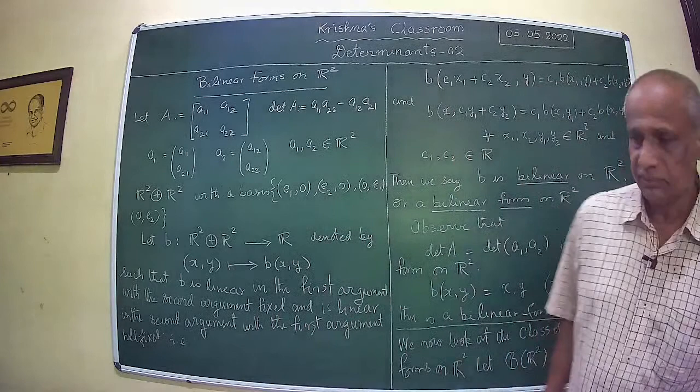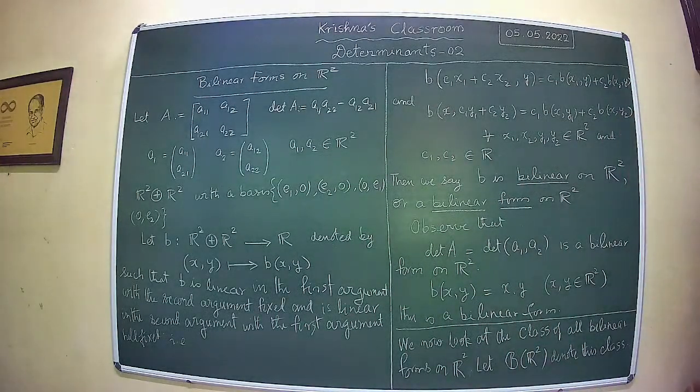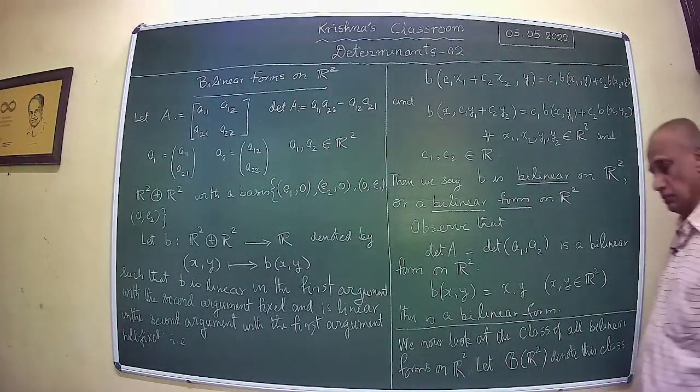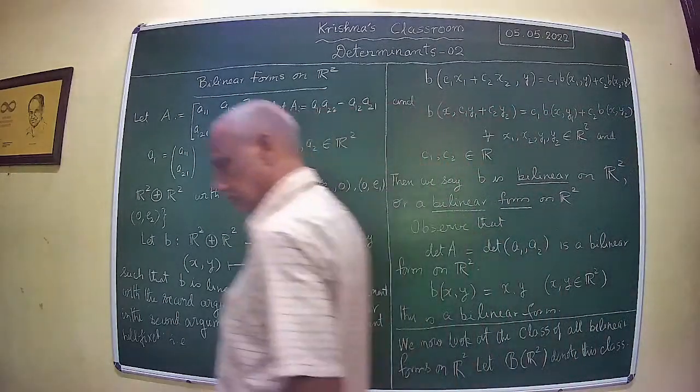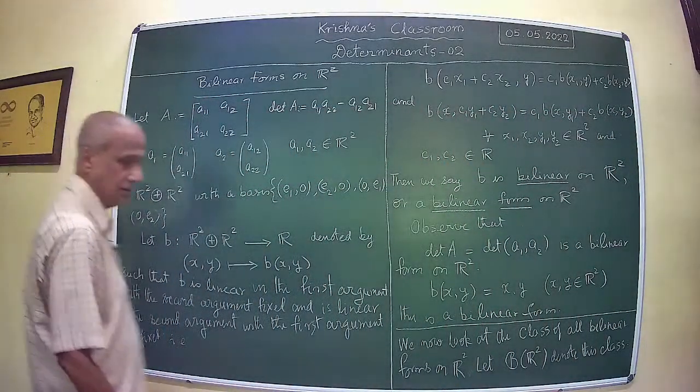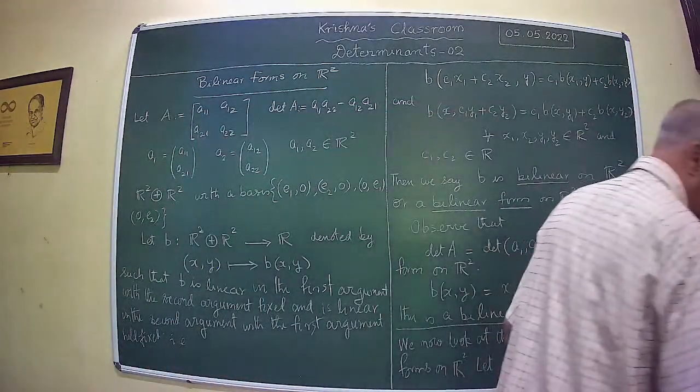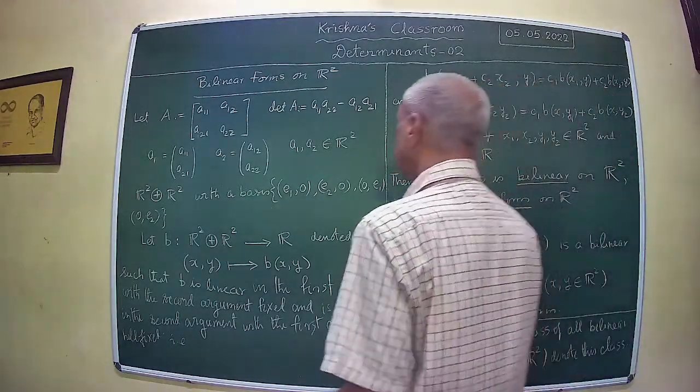First of all, you can show that this is a vector space. So our first claim is that B(R2) is a vector space.